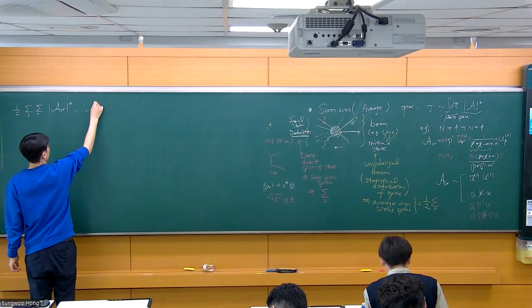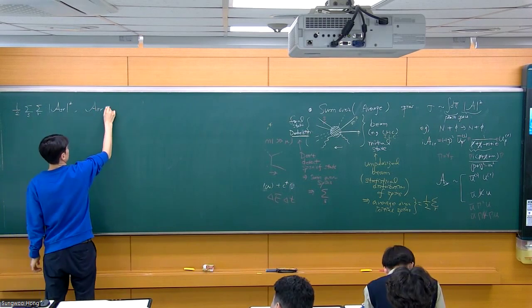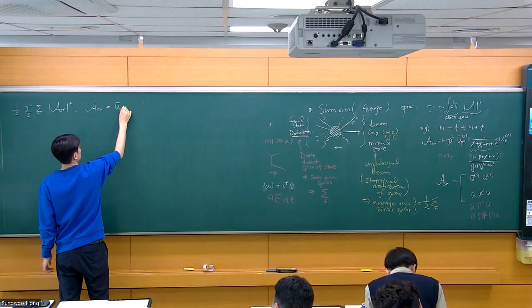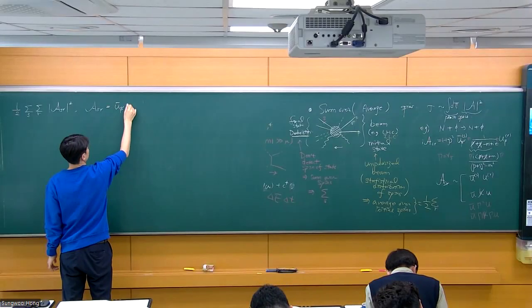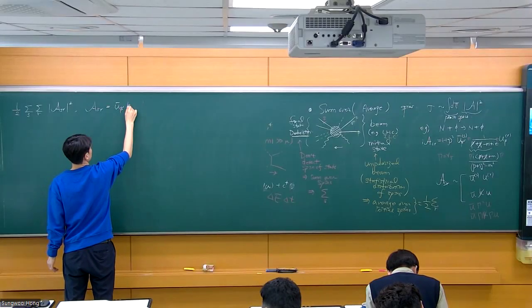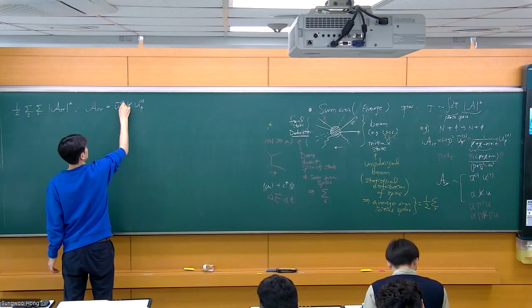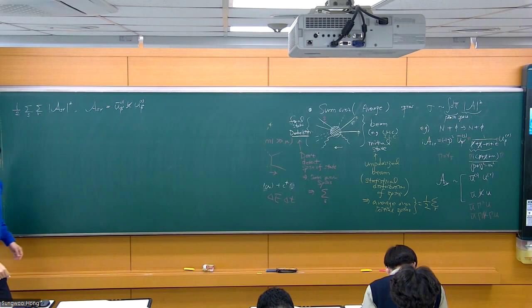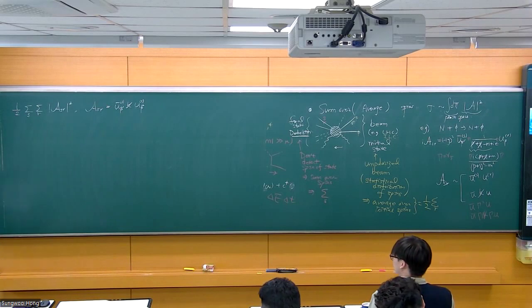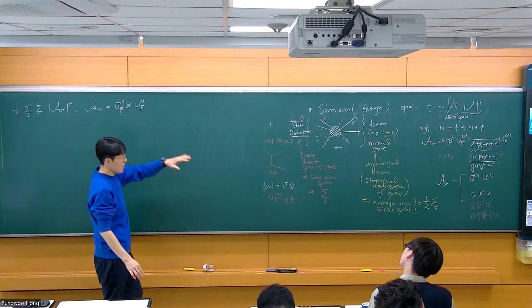For now, I'm just going to take the simple form that this is U bar P prime, and then some vector K slash U P R, to demonstrate how the calculation goes. But note that this is not the entire amplitude.